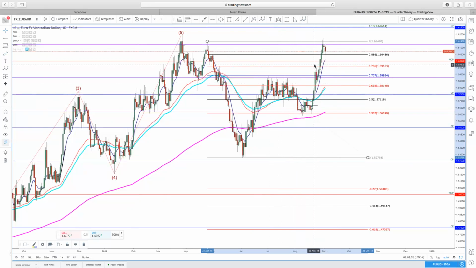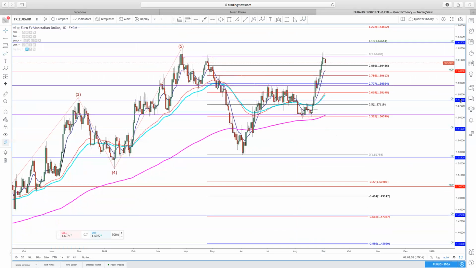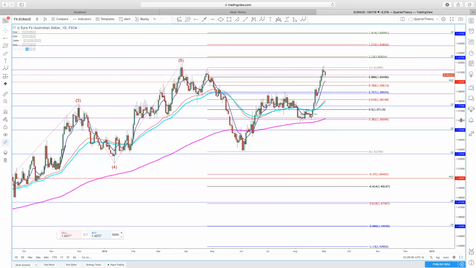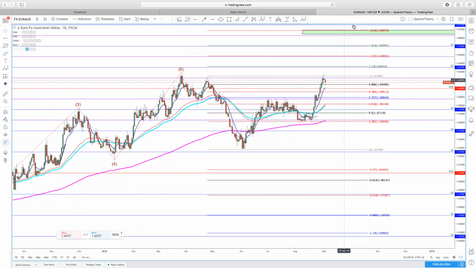So that invalidates the bearish Gartley, and it has continued to rise. So we have a possibility of price going to my 1618 area here, which I already had labeled out with my zone. So price could do something like this.